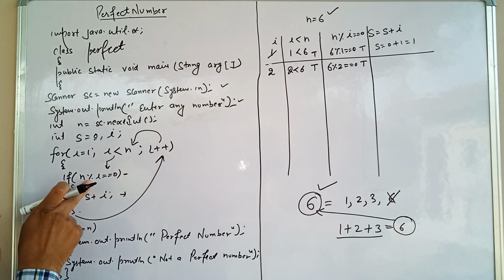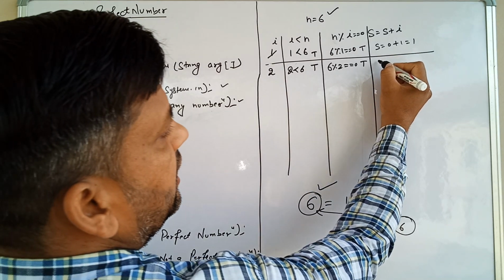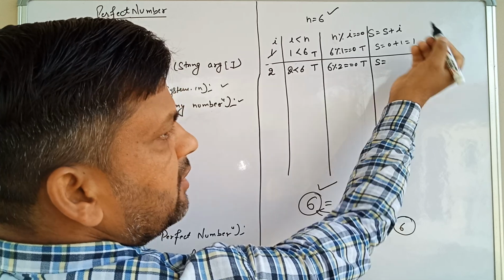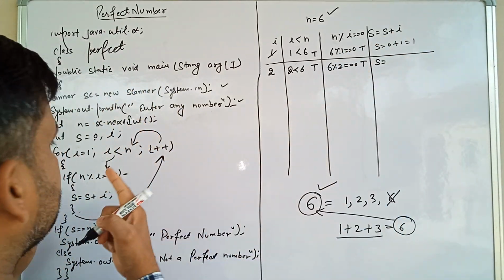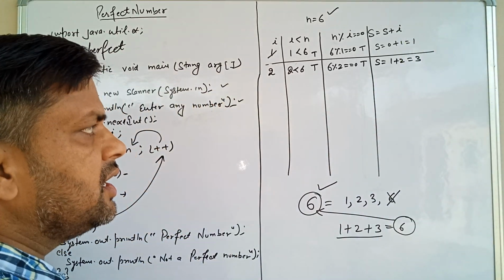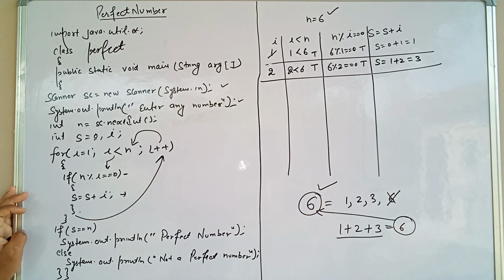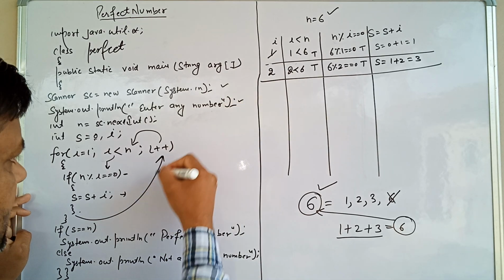If this condition is false, it will not execute. Now s equal to s, whose value is already 1, plus i value 2. So 1 plus 2, which is equal to 3. So what will be the value of s in the second iteration? 3.